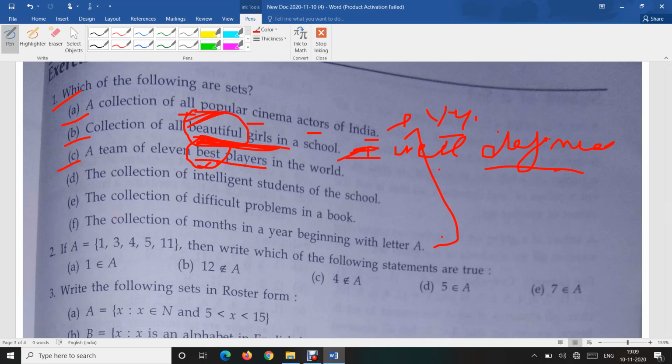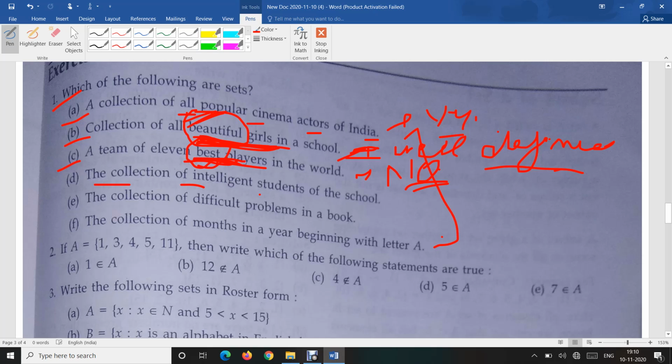According to you, one can be the best player, but according to another person, the best player can be someone else. It is not necessary that who is the best player for you will be the same for another. So it is not a set because it is not well defined.